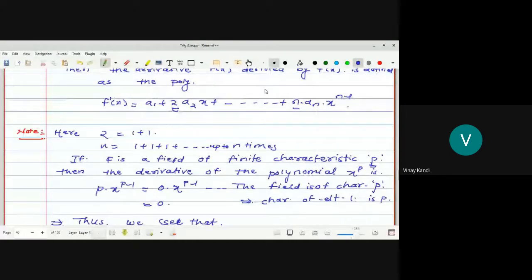if the field has characteristic p, then the derivative of a non-constant polynomial is also 0.